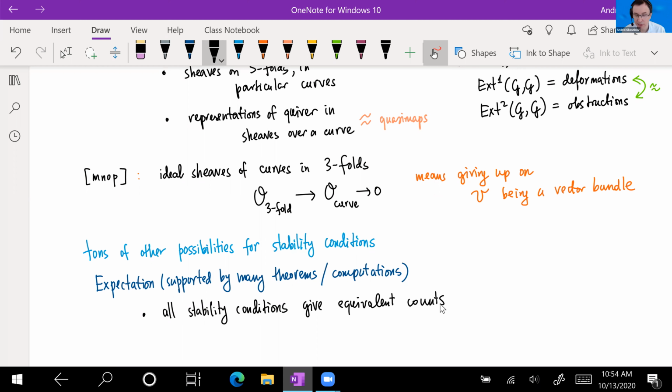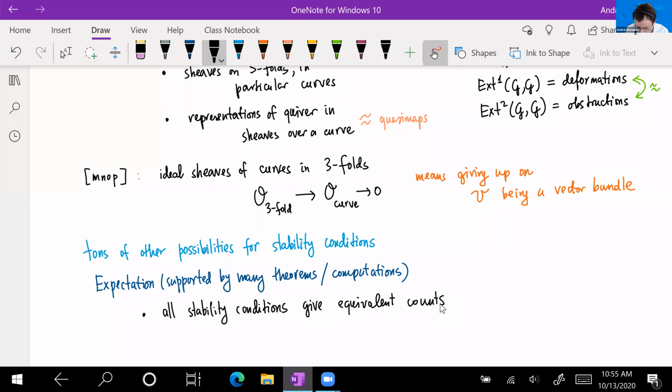Equivalent in the sense that there is some dictionary, which is not too complicated, that tells you if I want to count in one stability condition, what that would equal in some other stability condition. From some larger point of view, these are still different languages. Like if I have a text in French and a text in Italian, they're not the same text, but in the general scheme of things, they're very close.